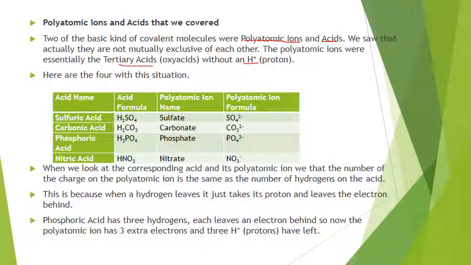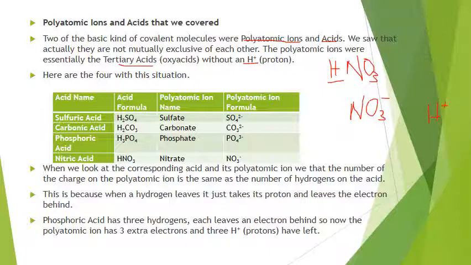So if you go back and look at nitric acid, I'll show it in the table below. Nitric acid is HNO3, but nitrate, its corresponding polyatomic ion, is NO3 minus. To become this, it lost an H plus.